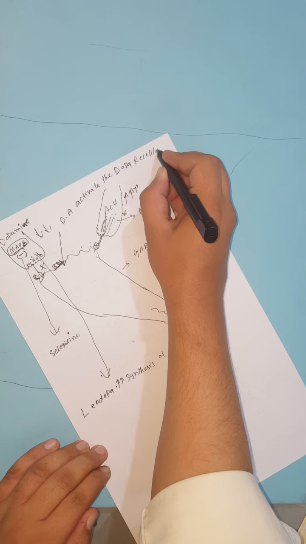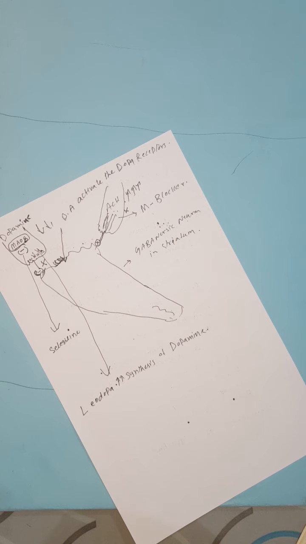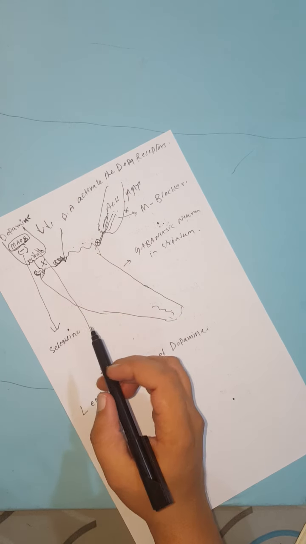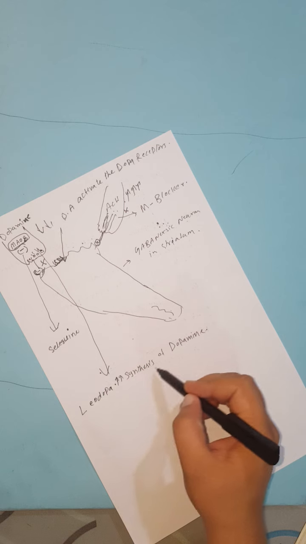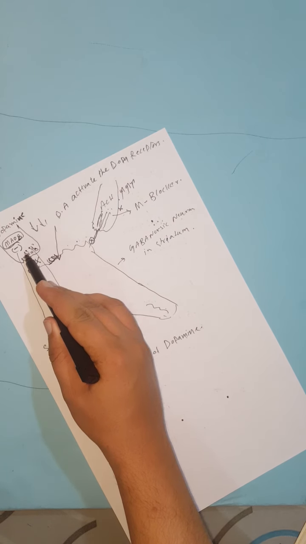There are four mechanisms by which we treat the imbalance between dopamine and acetylcholine. Number one is levodopa, which increases the synthesis of dopamine.